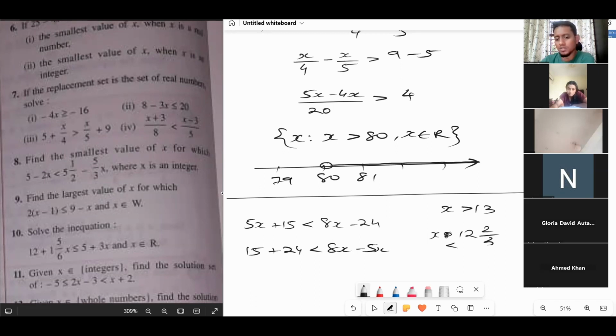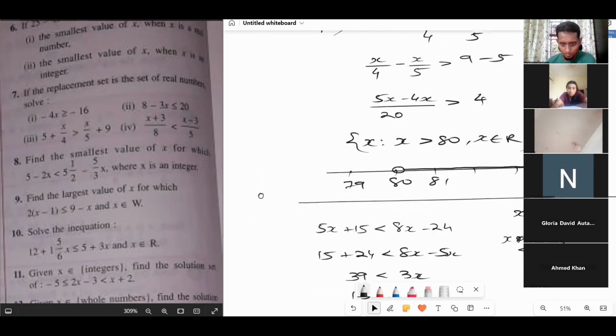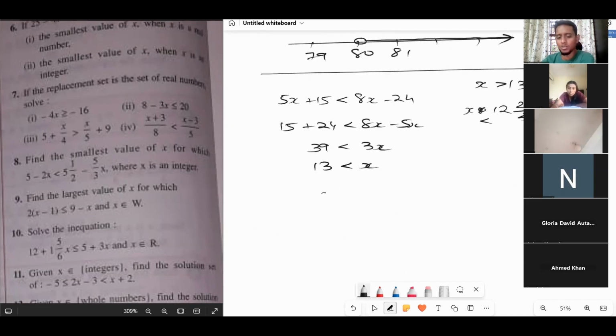That's how much? 39. 39 less than 3x. Then take the 3 down, so it will be 13 less than x. And then you interchange both, that is x is greater than 13. Menora is correct. Solution set, number line.